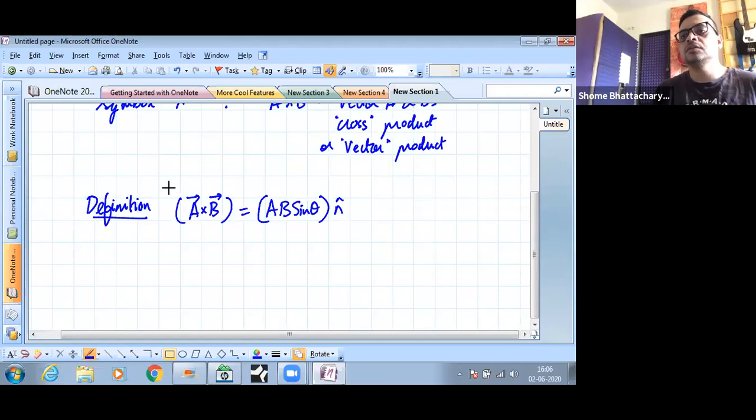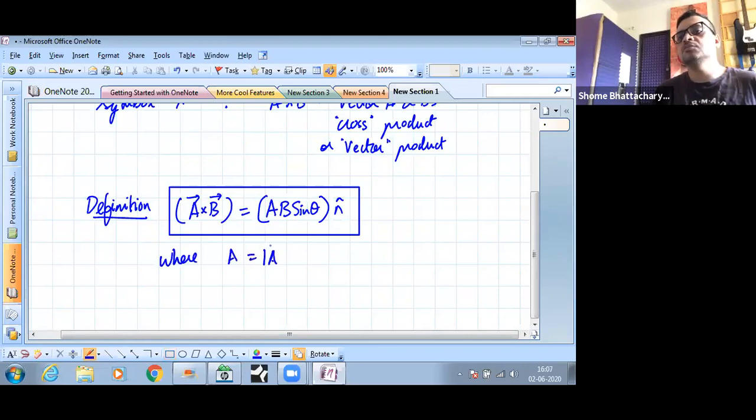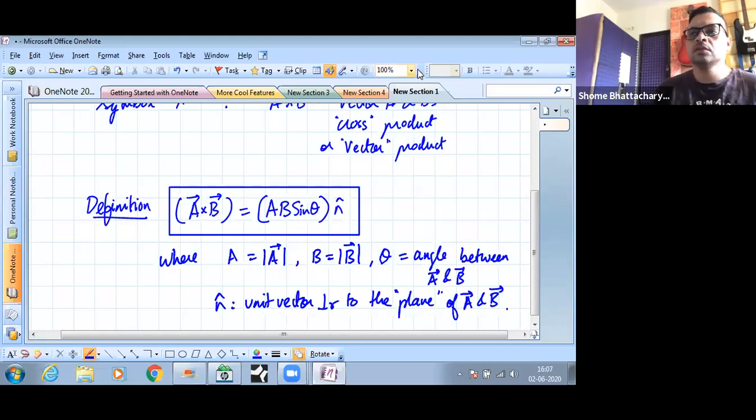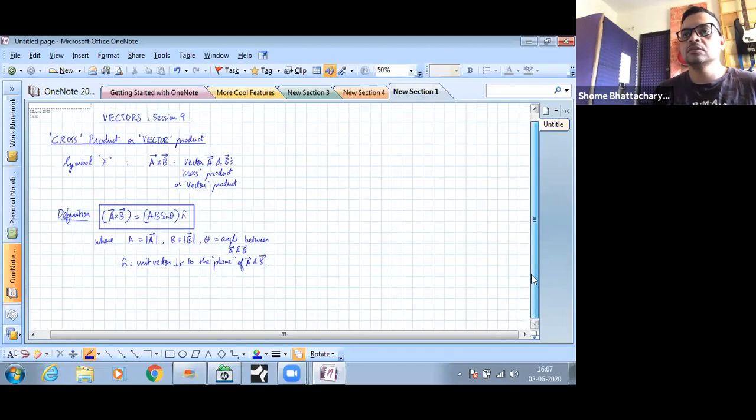Okay, so this is the definition, where A is nothing but magnitude of vector A, B is nothing but magnitude of vector B, theta is the angle between the two vectors, but most importantly, n cap is a unit vector perpendicular to the plane of vector A and B. I'll explain more about this now. So just note down the definition and the symbol.